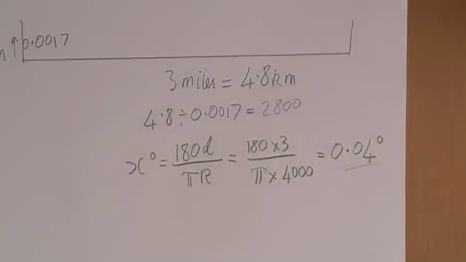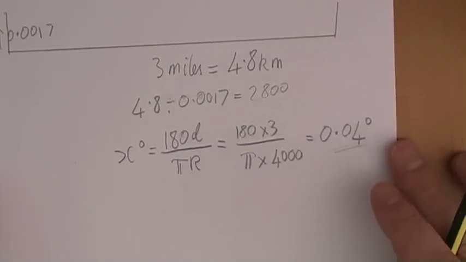So what you see around you is basically a flat circle with a radius of about 3 miles. That's what you see.